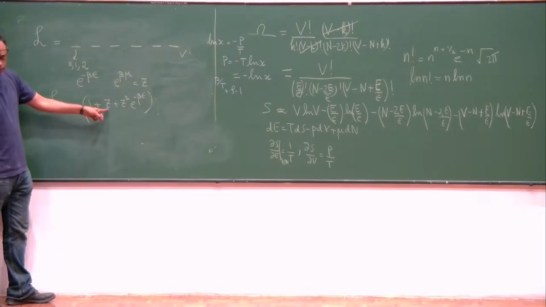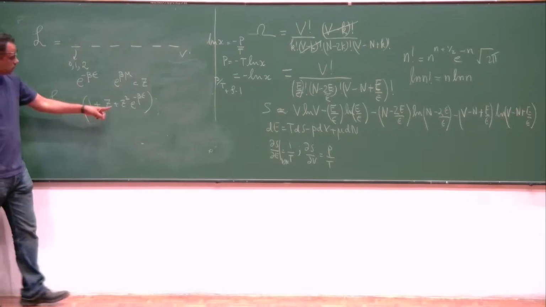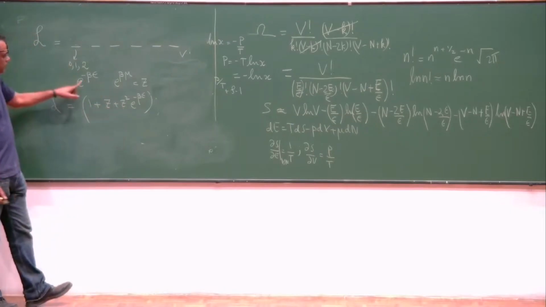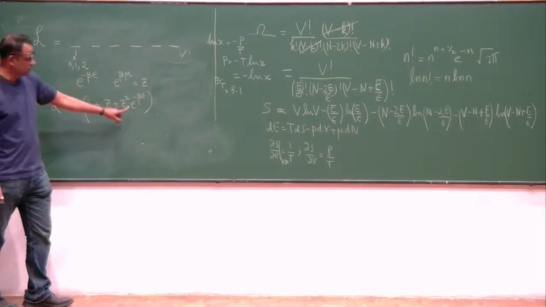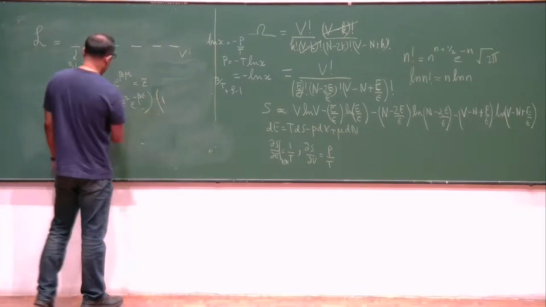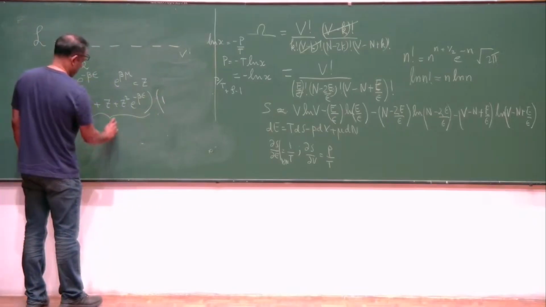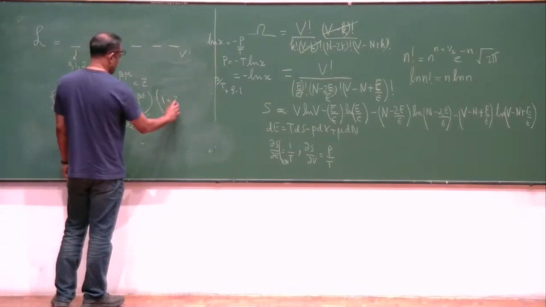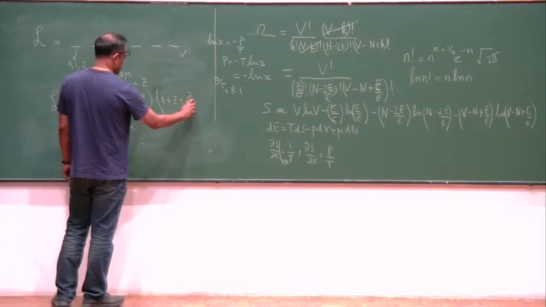When 1 particle is present, I put a weight Z. When 2 are there, I get a weight Z square, but there's an energy weight also, e to the power minus beta epsilon. Then I write something similar for the second site. So this is the first site.